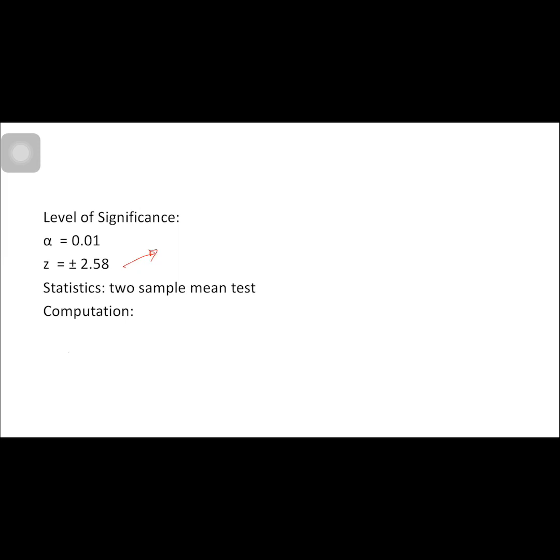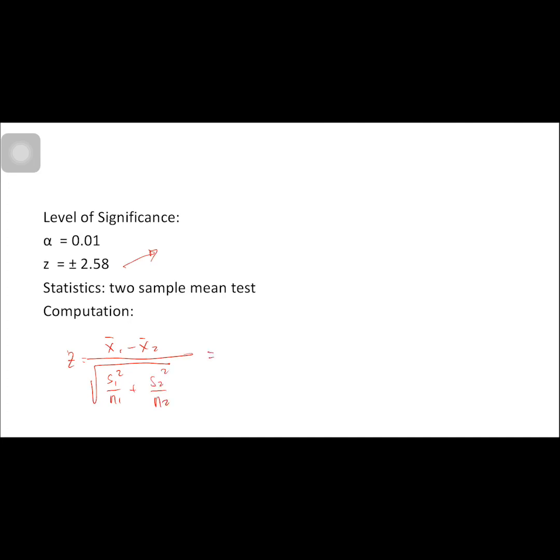For our computation, z is equal to x bar 1 minus x bar 2 divided by the square root of variance 1 over n1 plus variance 2 over n2.